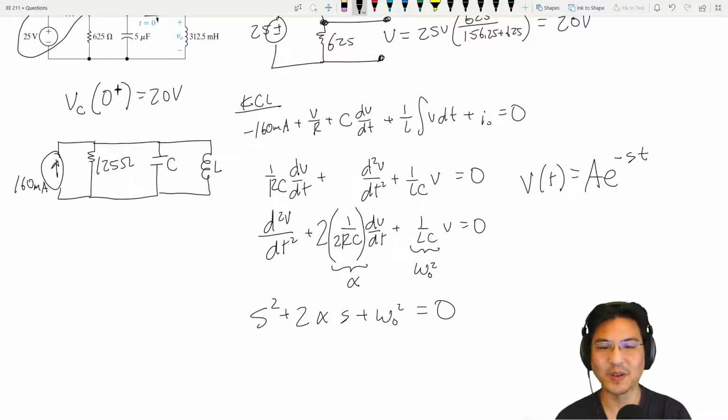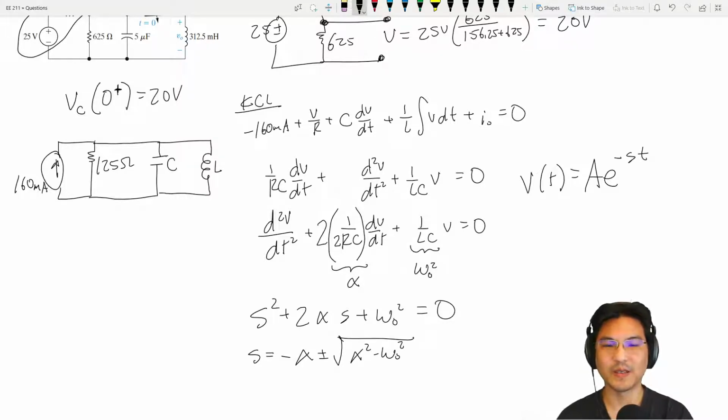The roots are, okay, but then it depends on what's happening with these two numbers. So we actually need numbers. So let me plug that into the calculator.